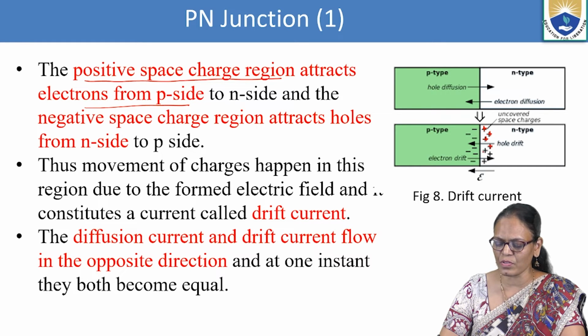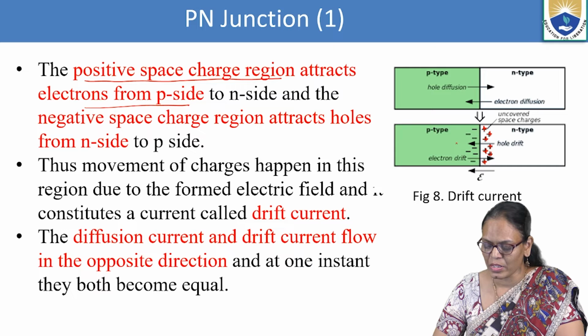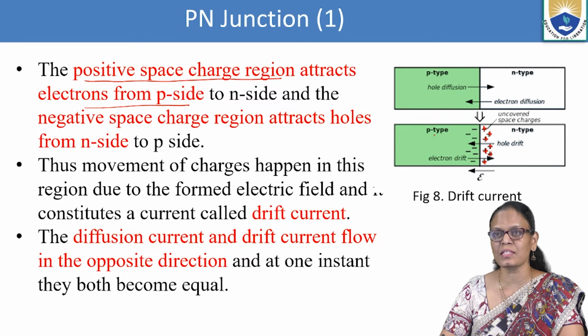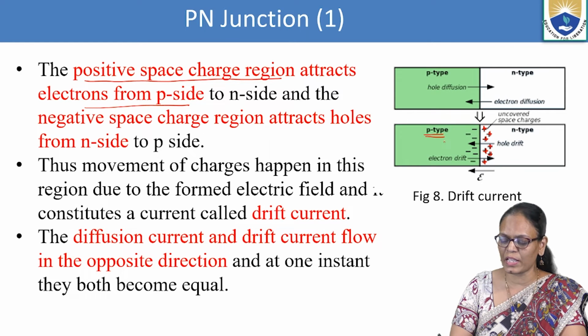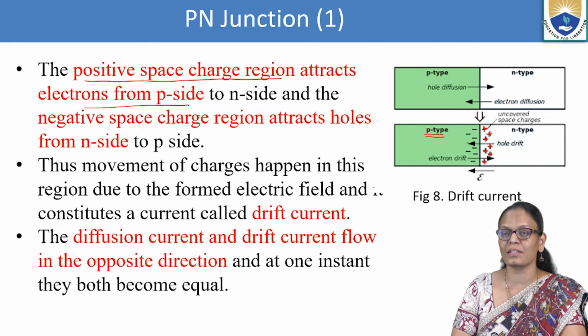This positive charge is obstructing the further movement of electrons from n to p, but it will attract the electrons from the p side. Electrons are the minority carriers in p type. So these electrons, which are minority carriers in the p type, will now start drifting towards the n side.